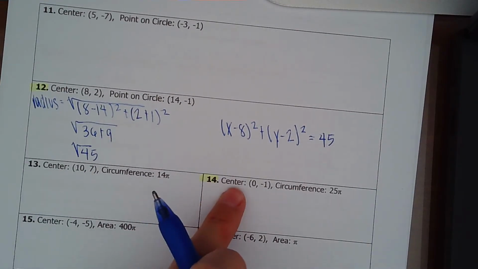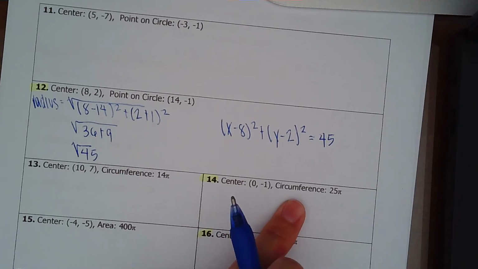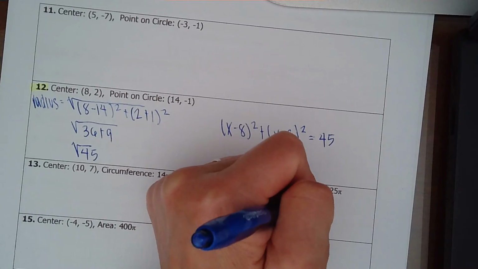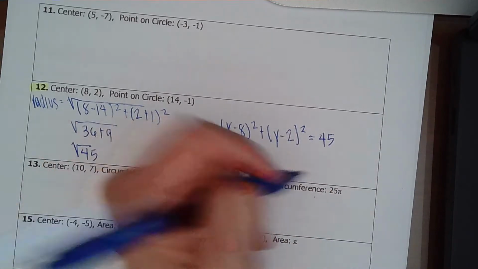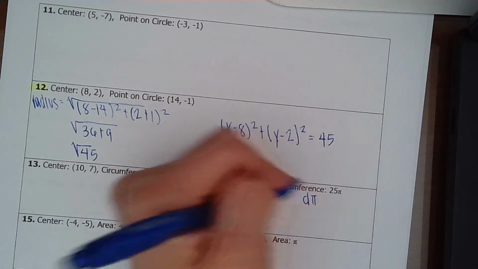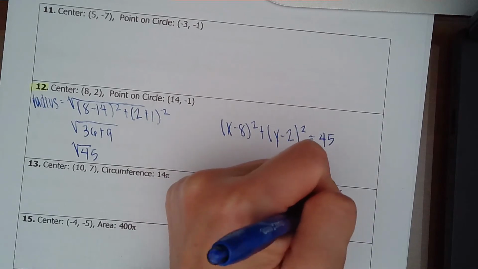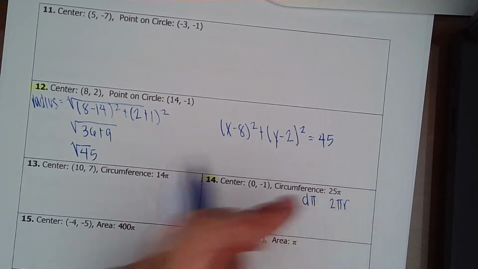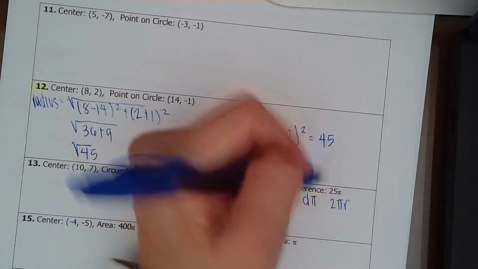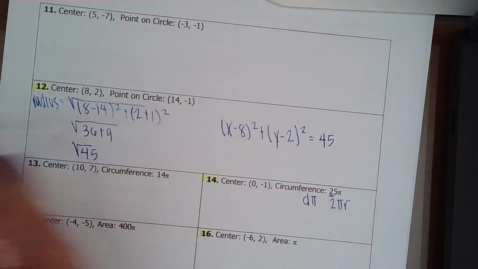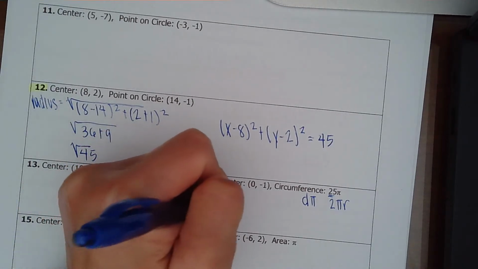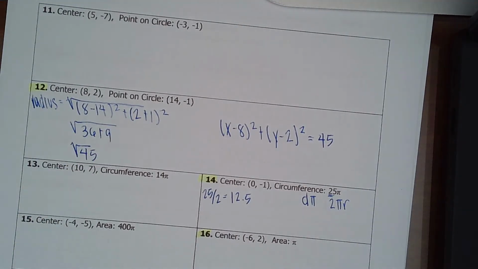I have my center and I have my circumference. Well, remember your circumference is equal to, there's two ways to write it, your diameter times pi or 2 pi r. Well, we want our radius, so we're going to take this 25, which is technically our diameter, and we're going to divide it by 2. So 25 divided by 2, and we're going to get 12.5.